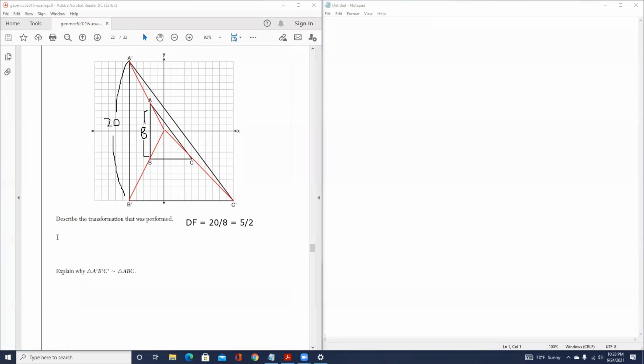So based on this, we know that triangle ABC was dilated by a scale factor of 5/2 from the origin, which in this case is 0, 0.